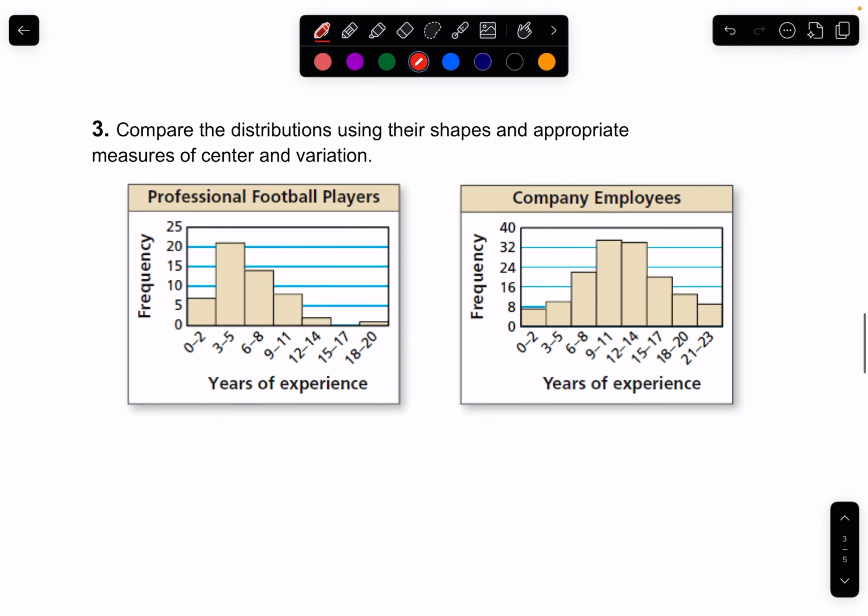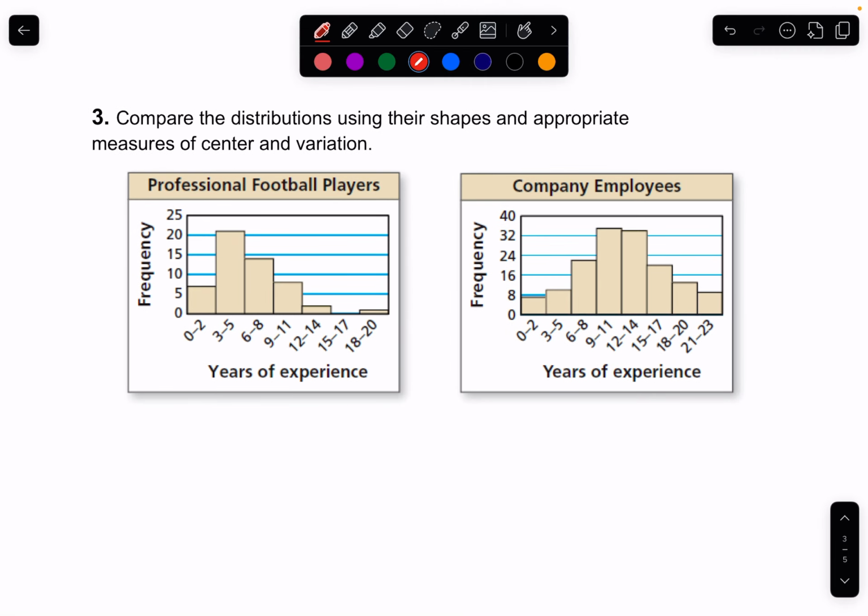The one below, you've got professional football players' experience and the experience of company employees. Obviously, the company employees is a lot more symmetrical. The football players are skewed to the right.